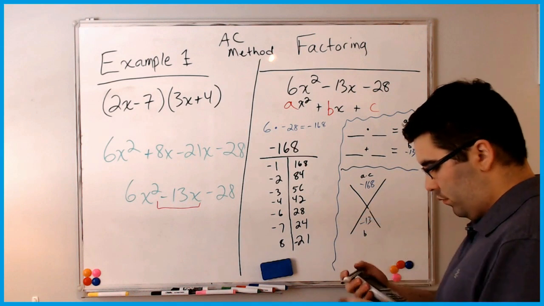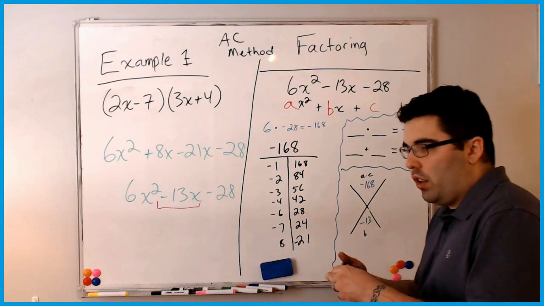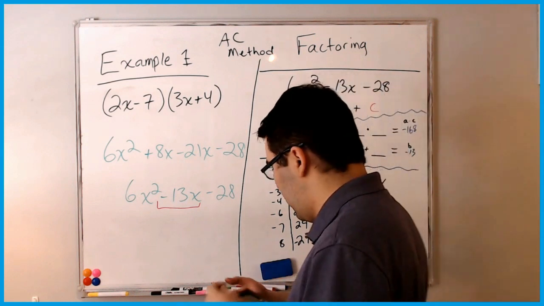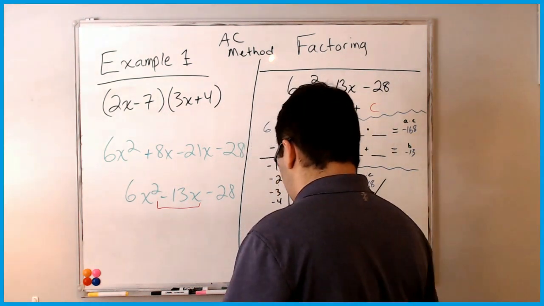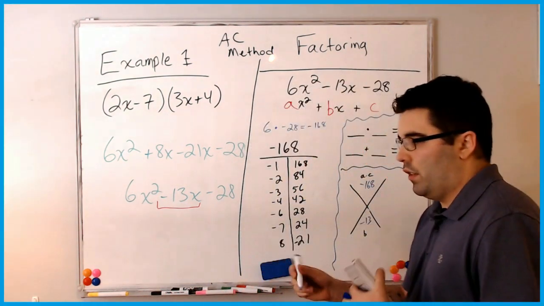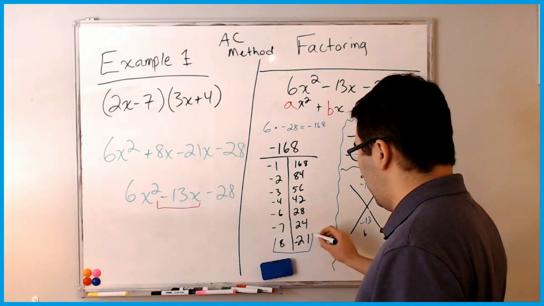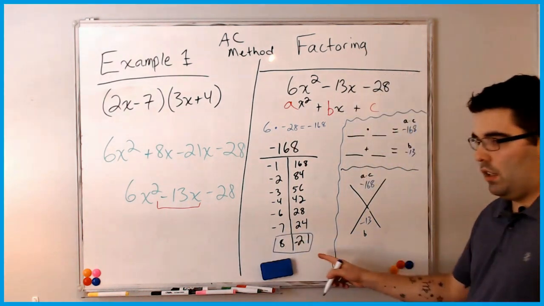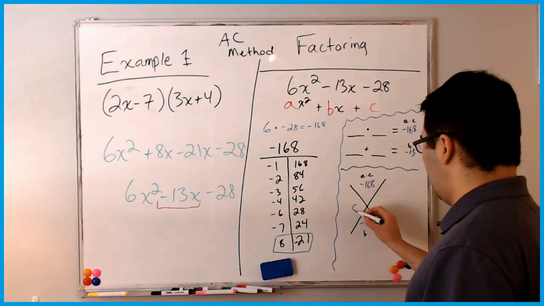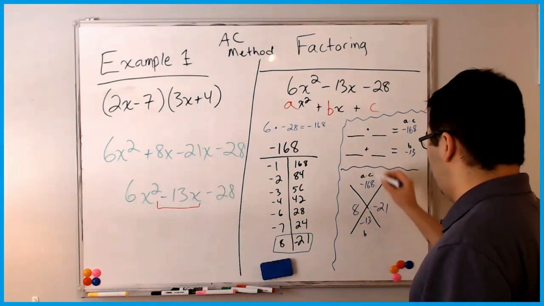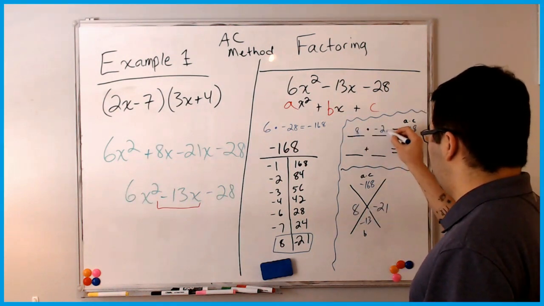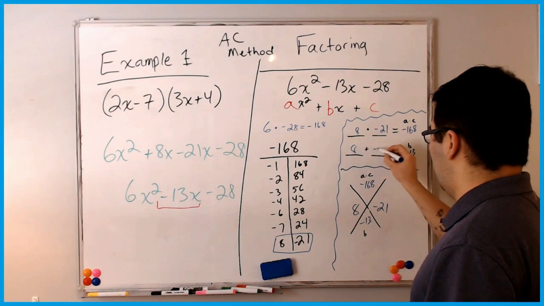I went through all of that, but I found two numbers that fit the bill: 8 and negative 21. Depending on how big the number is, this could take a little while. It may not take any time at all.